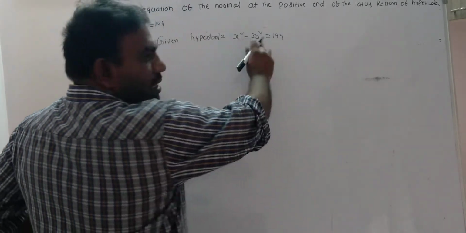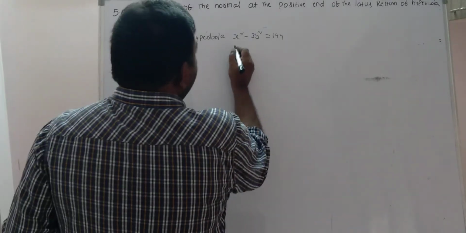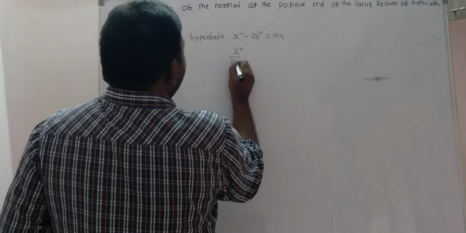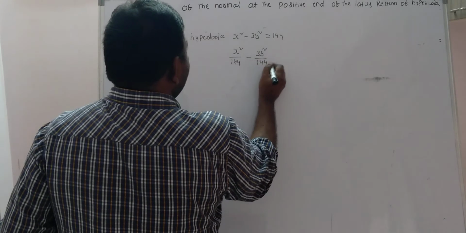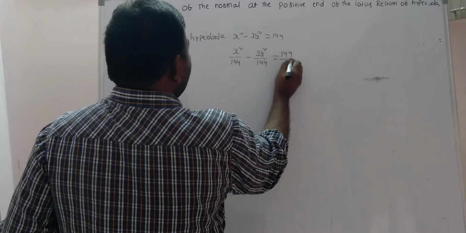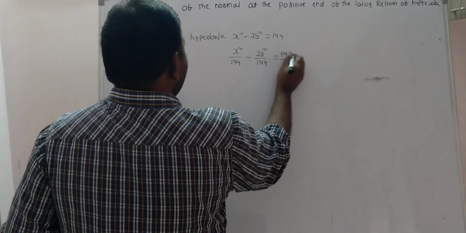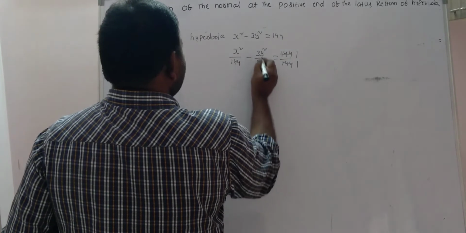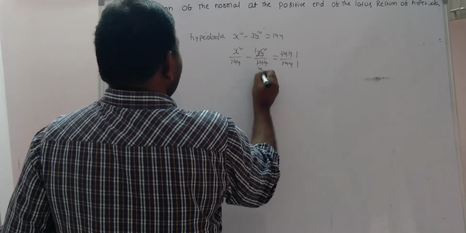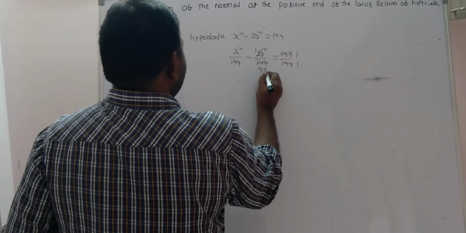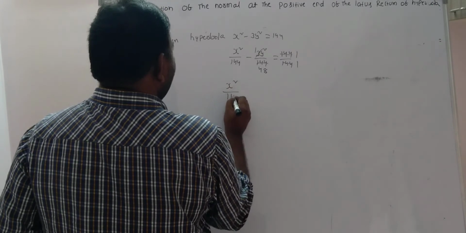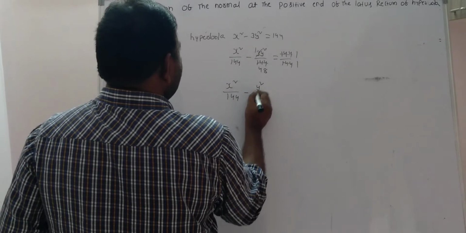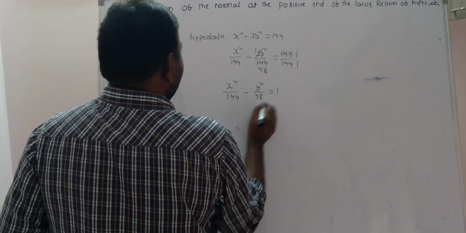Divide on both sides by 144. We get x square by 144 minus 3y square by 144 equal to 144 by 144. 3 twenty-fours are 72... so here x square by 144 minus y square by 48 equal to 1.